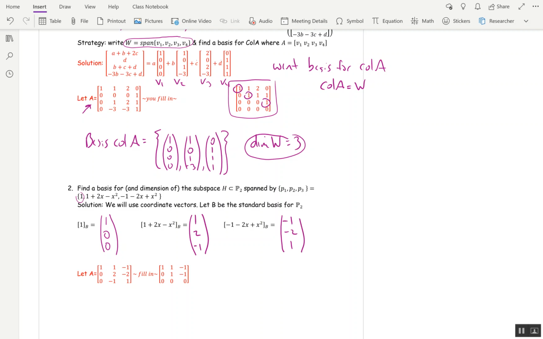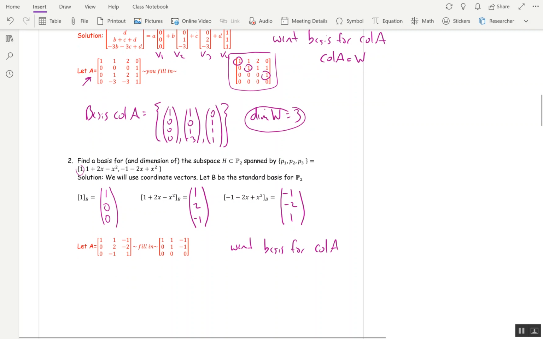So we put those into a matrix A, and what we want is a basis for col A. It's always good to determine what you want. So that's what we want, and you can fill that in. I went ahead and reduced A for us.